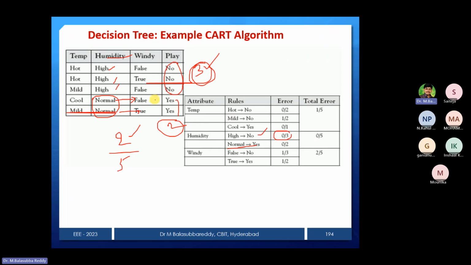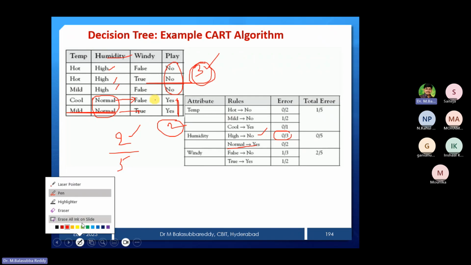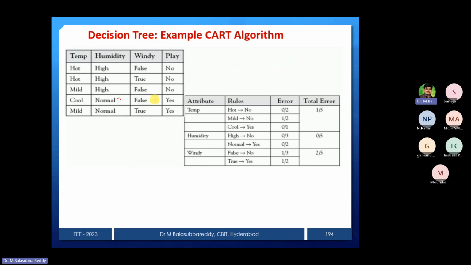Normal is true, also vice versa. Then you take humidity is normal is yes. So normal is yes, both are yes. So you can take it as normal is yes. So these two normal cases, both are yes. Therefore, your rule is normal yes. In that case, correctly is 2, incorrectly is 0. Formula is incorrect by total. So 0 by 2 is your error. So you can write 0 by 2 your error.